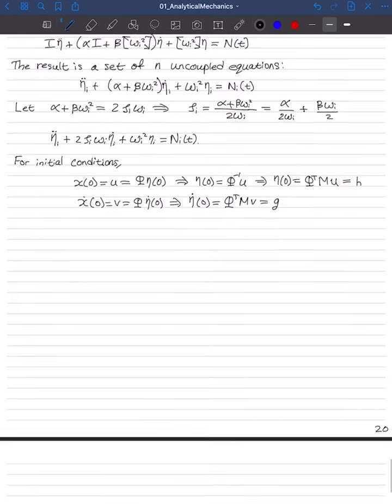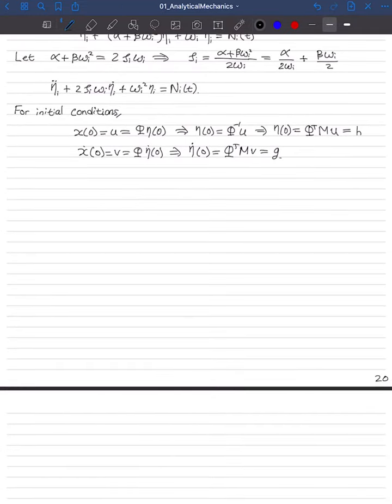So that leads to the final modal equations, and these are eta i double dot plus 2 zeta i omega i times eta i dot plus omega i squared times eta i is equal to n i of t with the following initial conditions.